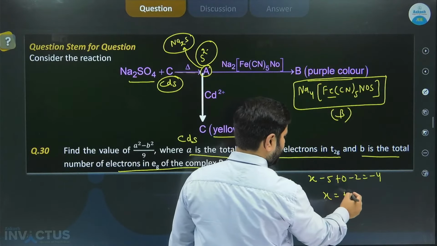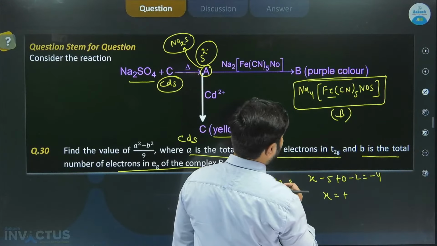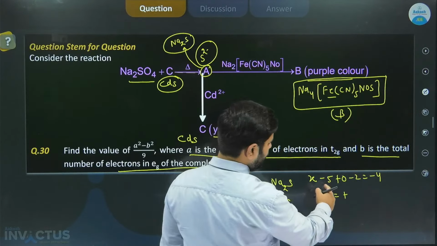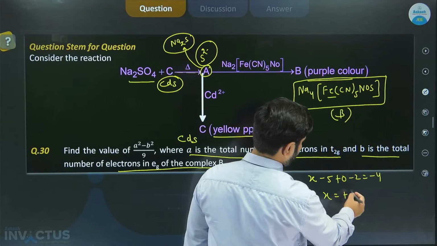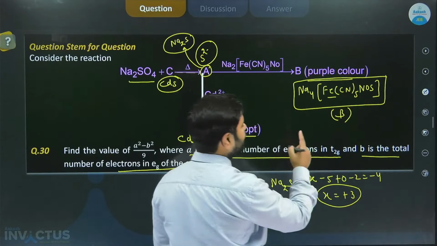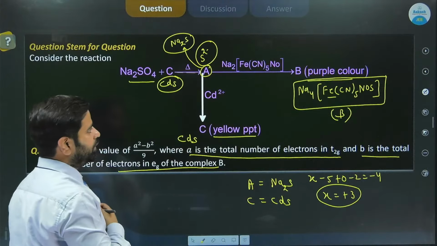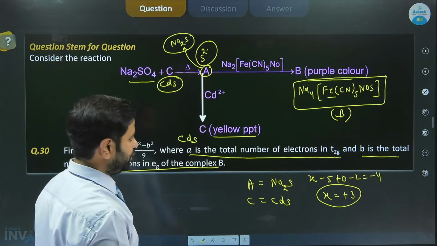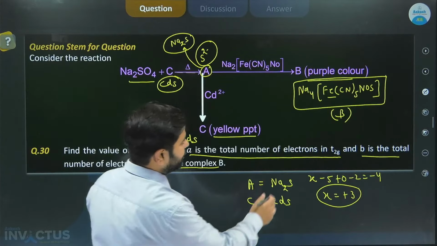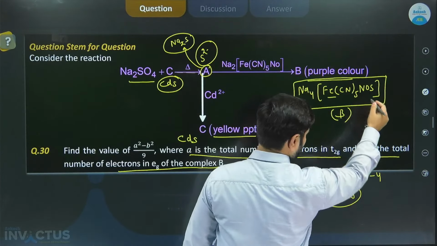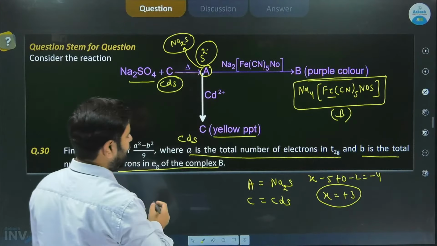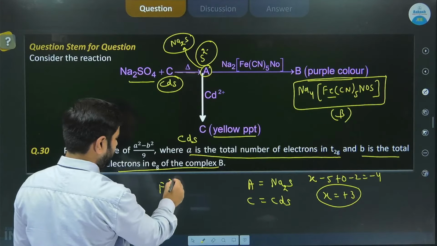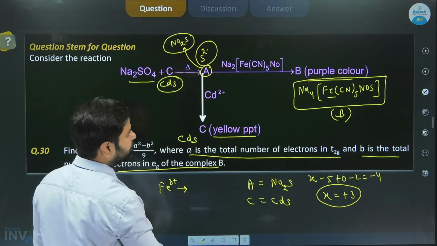So you calculate: X minus 5 plus 0 minus 2 equals minus 4, so iron is in plus 3 oxidation state. So Fe3 plus would be like this.